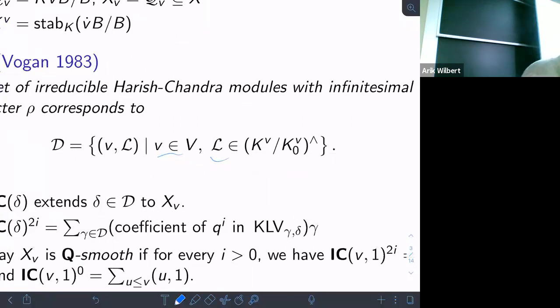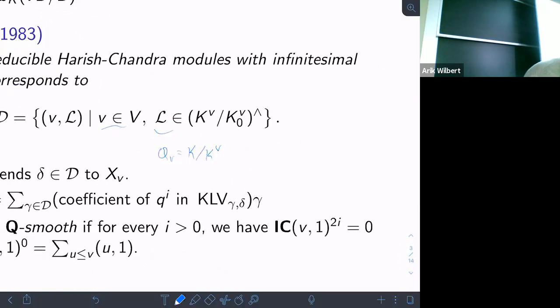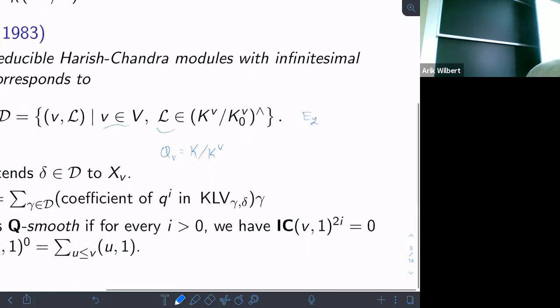So here's what you do. The K-orbit is like the group mod the stabilizer. So what you do is take, maybe I'll let E sub L be the representation corresponding to L, the vector space, and look at this quotient here.